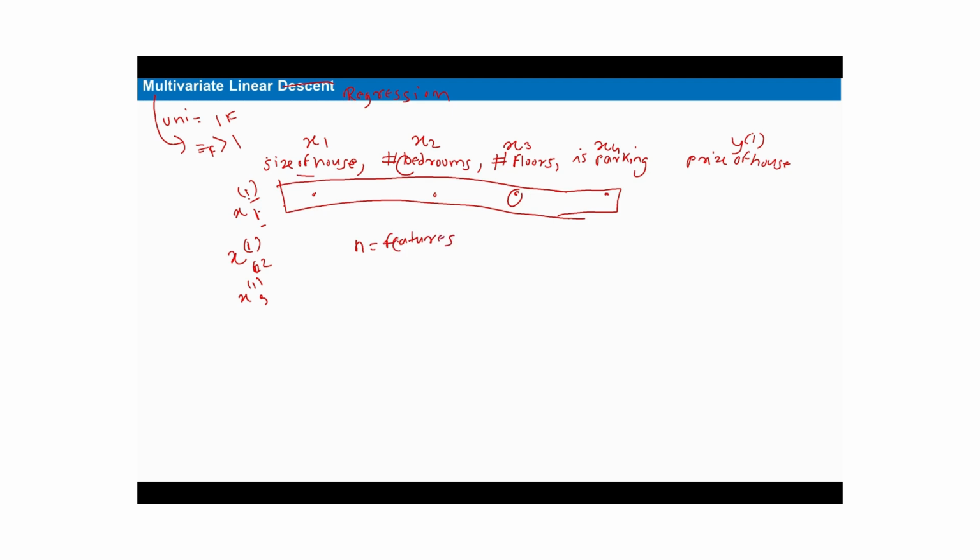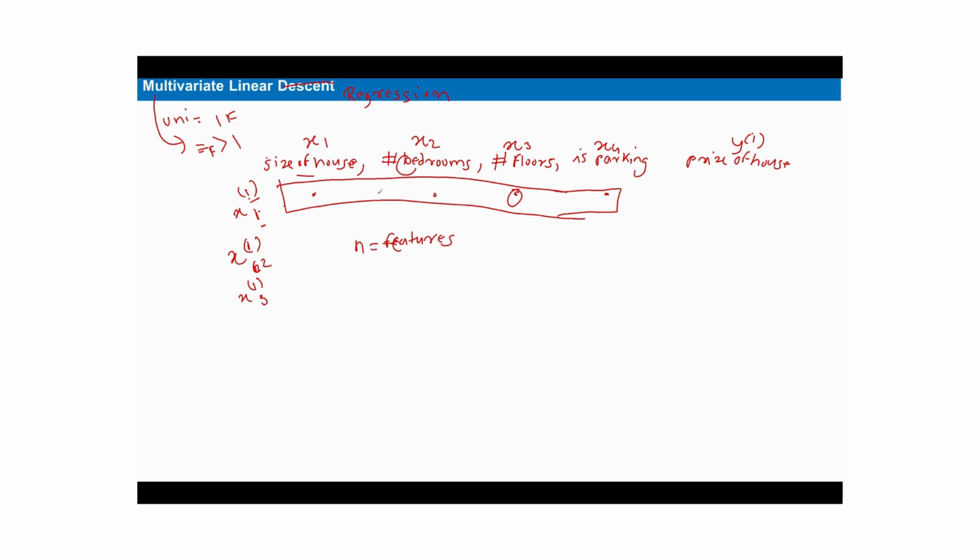This is just the notation for understanding how gradient descent works for multivariate linear regression. The algorithm is the same as for gradient descent. I will use a different pen.